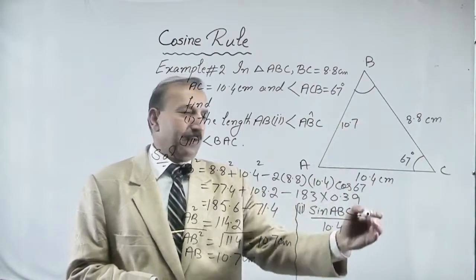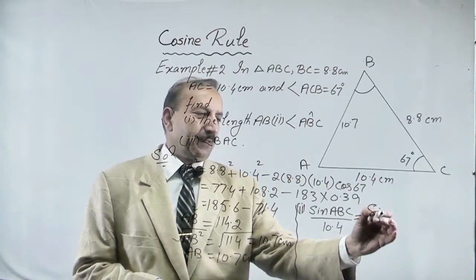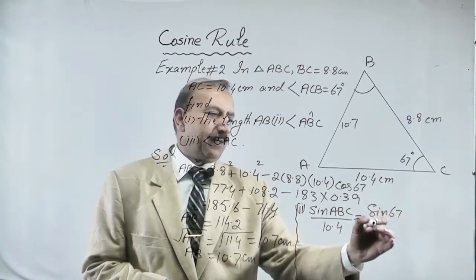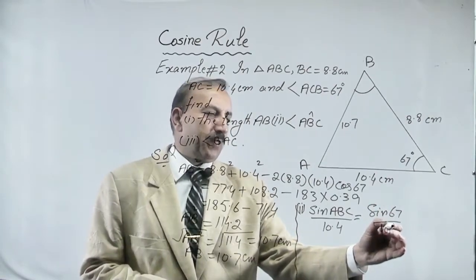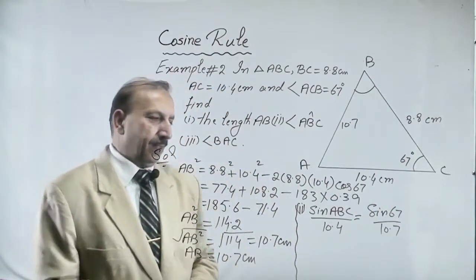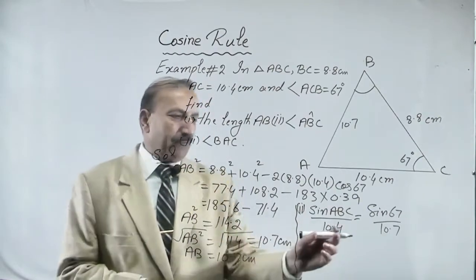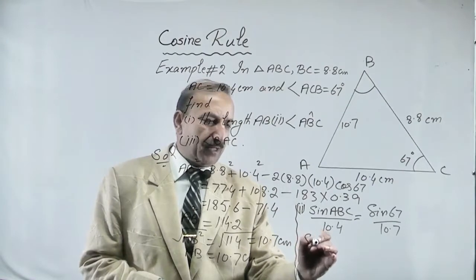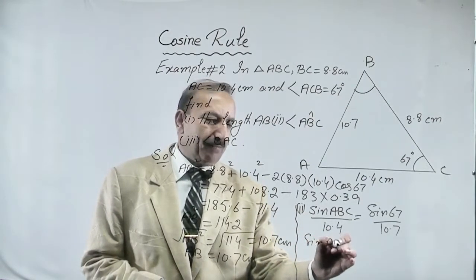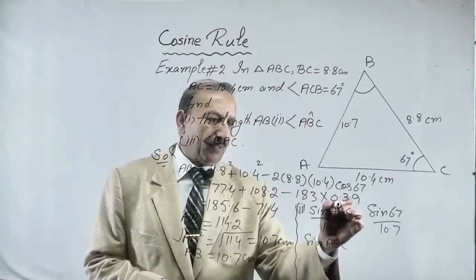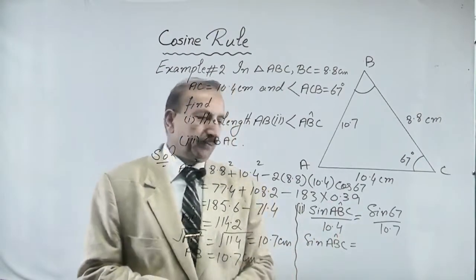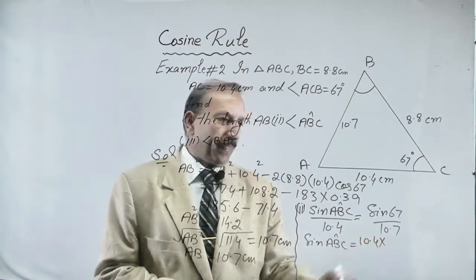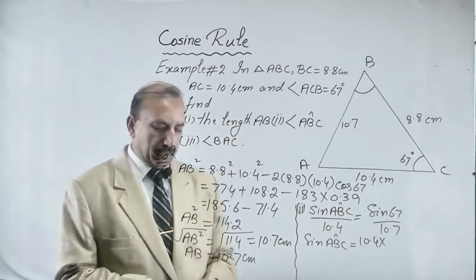This is 10.7. We will write here sine of 67, yes, and this value 10.7, my dear. Let's simplify. We will cross multiply this number to the other side, and I will get sine of ABC equal to 10.4 into the value of sine of 67.